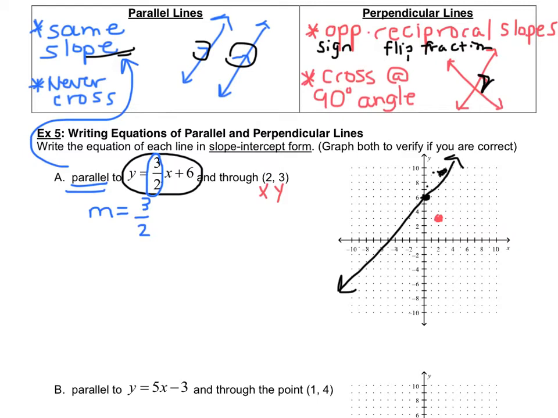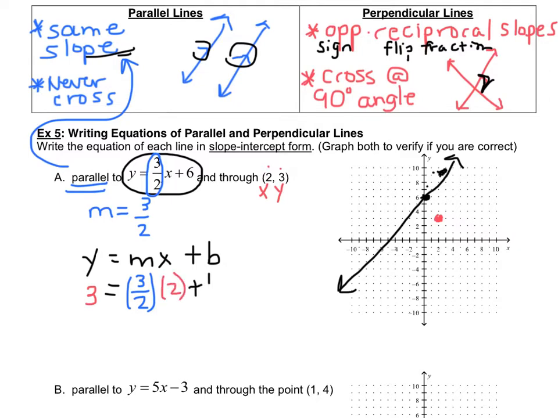So we'll take the m and the x and the y that we just labeled and plug them into slope-intercept form, y equals mx plus b. So for the y, we'll plug in 3. For the slope, we'll plug in 3 over 2. For the x, we'll plug in 2.